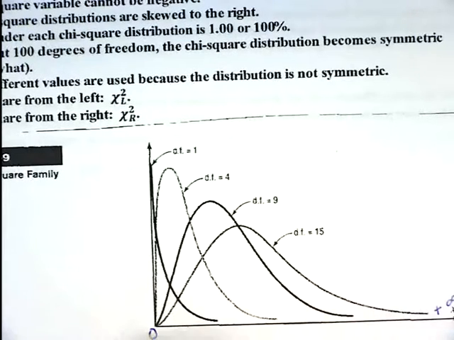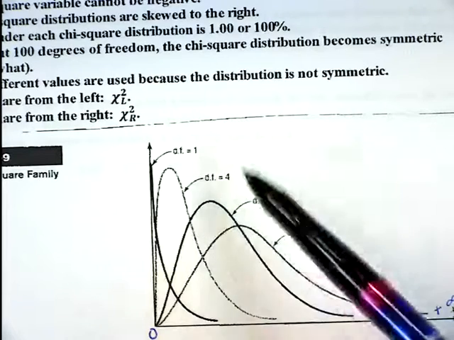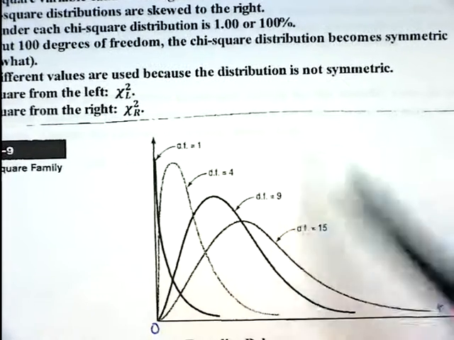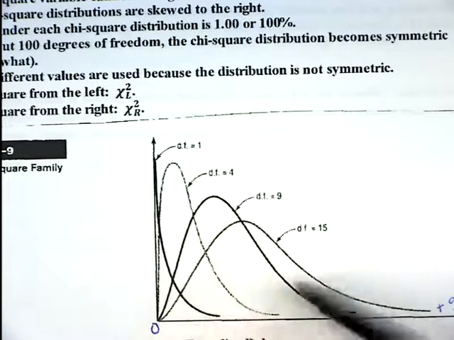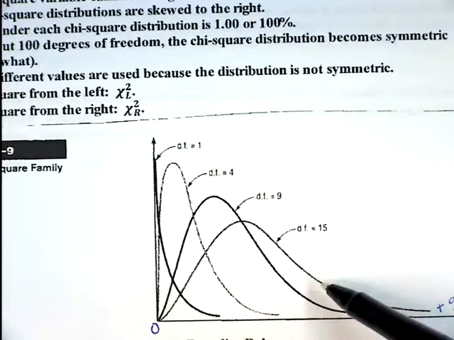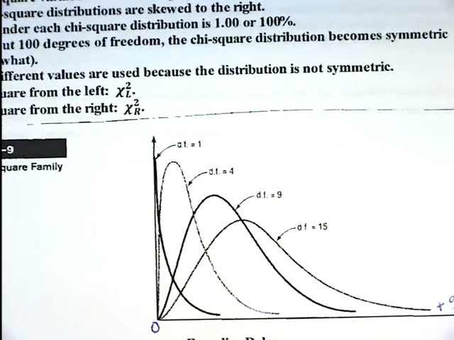So it goes from 0 to positive infinity. The degrees of freedom are increasing from 1 to 4 to 9 to 15. And you can see as degrees of freedom are increasing, sample size is increasing. So at about 100 degrees of freedom, the chi-square distribution becomes more and more symmetrical or normal.